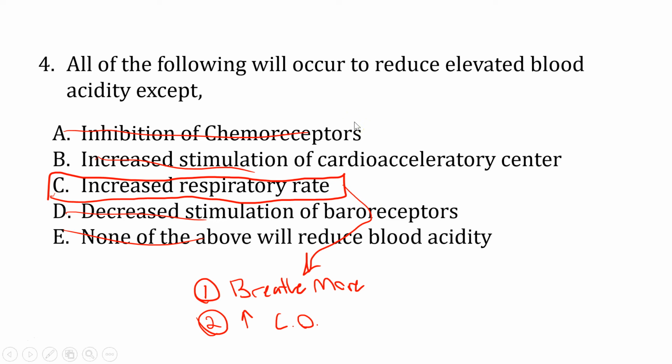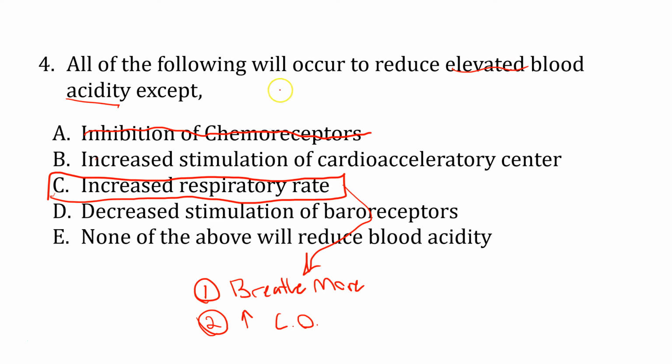Okay, but just for fun, we can go through some of these. I think I might have goofed on this one, so there may be another correct answer. But okay, inhibition of the chemoreceptors. This wouldn't be the case because the chemoreceptors fire when they detect acidity levels rising, and we're told that the blood acidity is rising. Okay, there's elevated acidity.